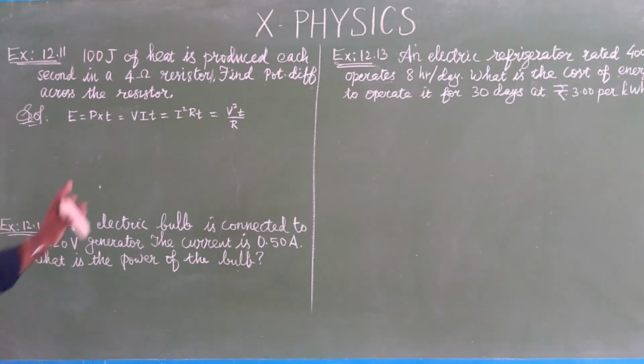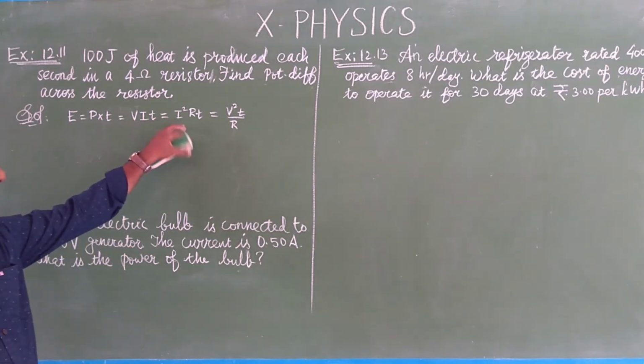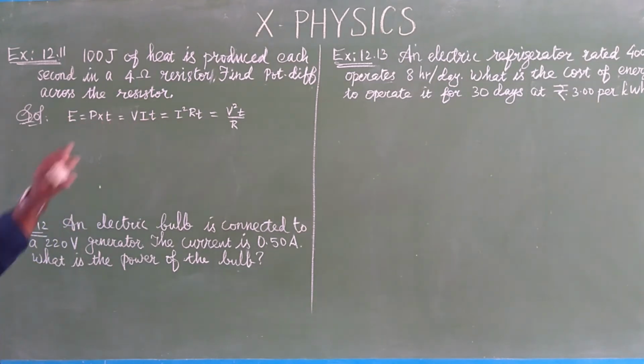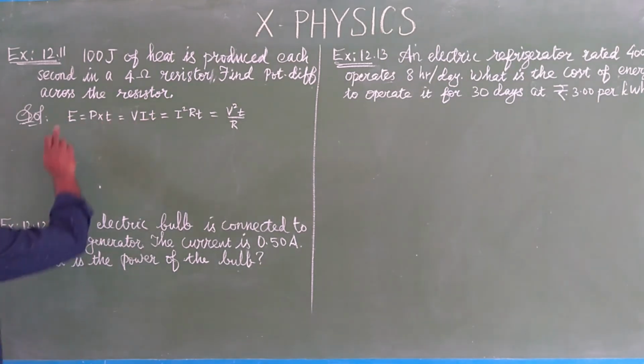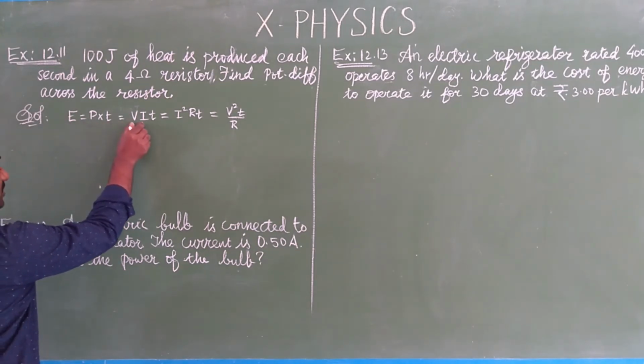Okay, we should know the current first, not resistance. So first we need to find the current, and then we can find the potential difference. Energy is the product of power and the time, but power is the product of voltage and current.